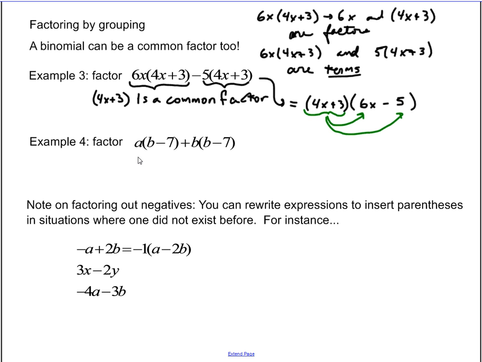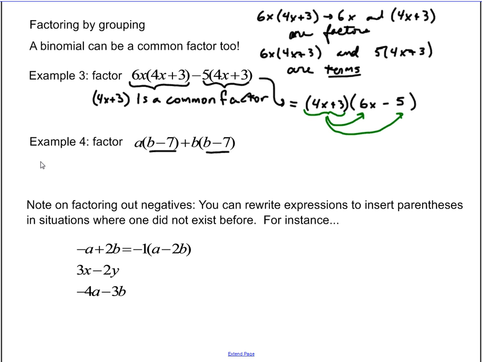All right, let's try it again right here. This time we've got an example for a times the quantity b minus 7 plus b times the quantity b minus 7. In this particular case, we can see that b minus 7 is a common factor. If you're having trouble with seeing that, sometimes you can do a little bit of a replacement.